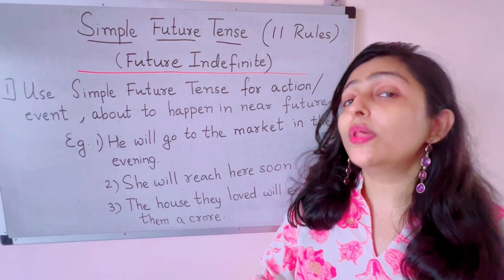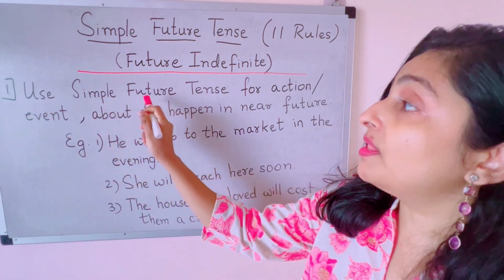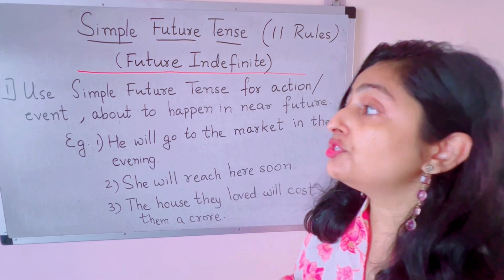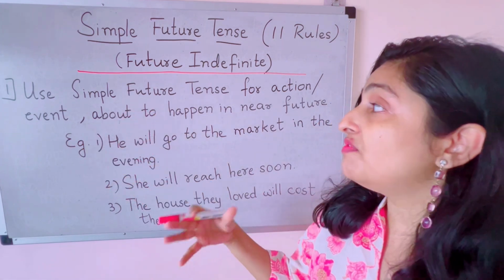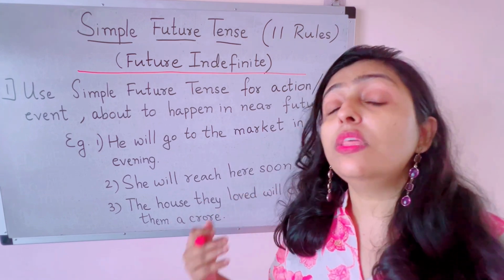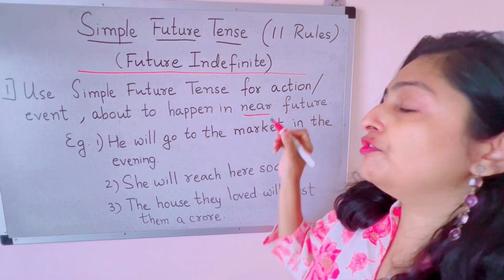So this is rule number 1, which says use simple future tense for an action or an event about to happen in the near future. In the near future.